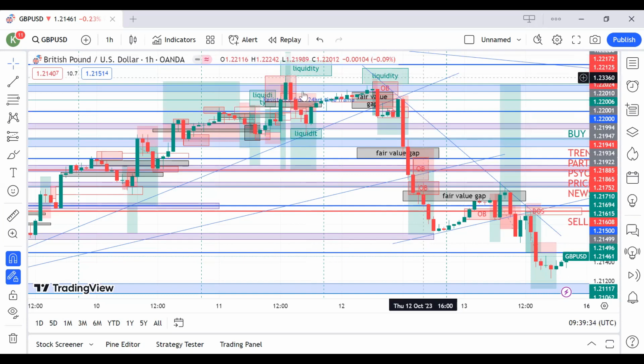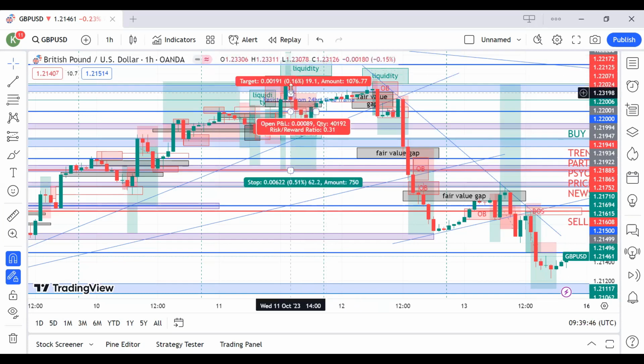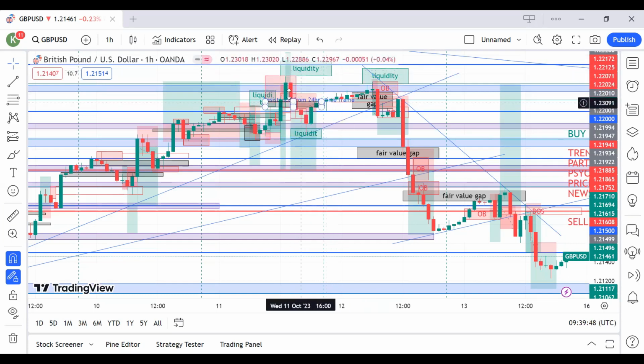It's very simple. After spotting this liquidity zone, what will confirm it is the market structure. So when you come to a lower time frame, you look at the market structure. First of all, this is an order block, so you're going to find out if this order block will be broken.